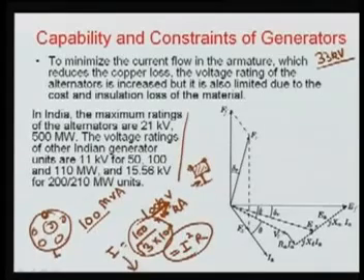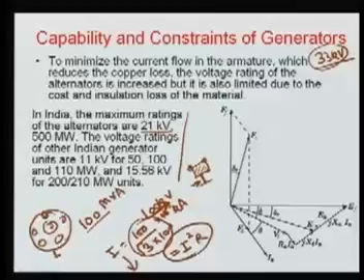So far, throughout the world, generators are rated with voltage rating up to 33 kV. However, in India the maximum voltage rating of alternators is 21 kV, and these alternators are rated at 500 megawatt. We have the alternators at Singrauli, Rihand and Paras, basically 500 megawatt units.